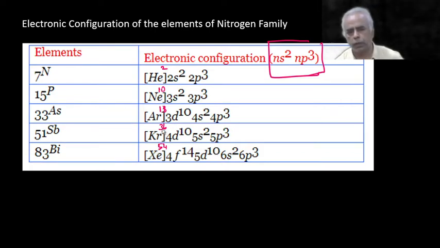In fact, you have to add 36 plus 32, is it not? Because we had to include the F block elements also in this case. So 36 plus 32, it means 68.